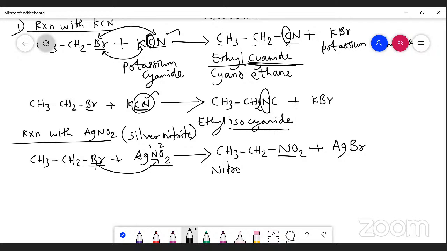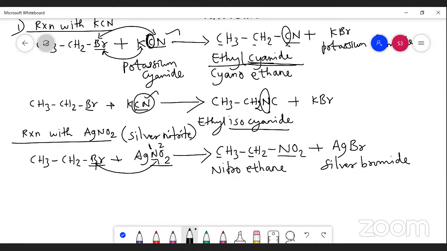You can use nitro as a prefix. How many carbon atoms? Two carbon atoms, so the name is nitroethane. And the other product is AgBr, silver bromide. So the ambident ligand NO2 minus, here I have added only the nitro group.